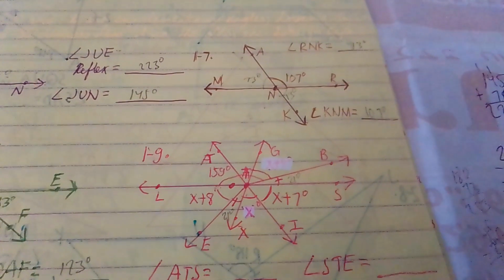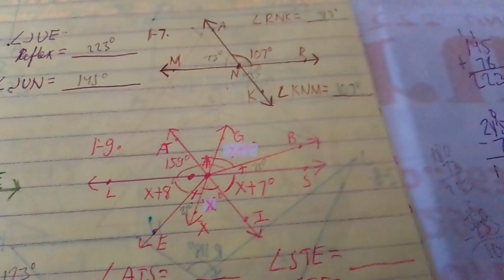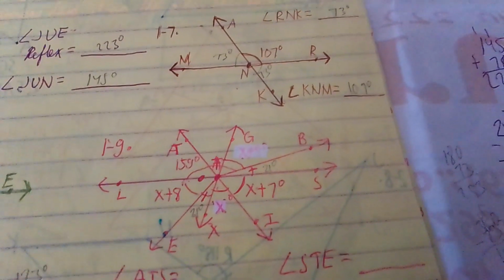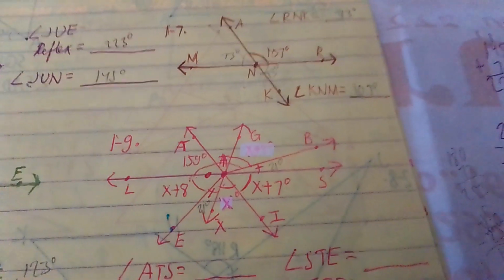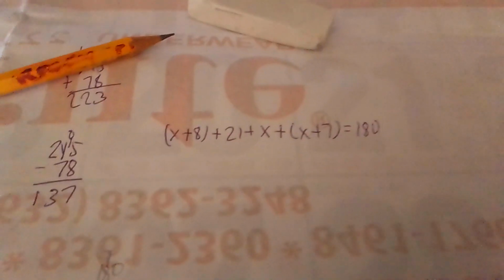Because just like what I told you, the sum of measure angle LTE, ETX, XTI, and ITS all form 180 degrees. Now, as we do the algebra, it should turn out something like this. So as you can see though, we have a typical algebra problem that looks like this.